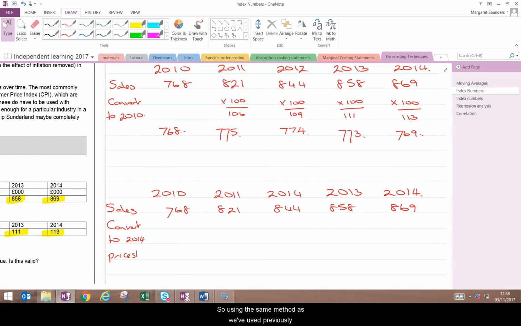So using the same method as we've used previously, we multiply by the index of the year that we're converting to, and we divide by the index of the year that we're actually looking at. So if we want to convert 2010 figures to 2014, multiply by the index for 2014, divide by the index for 2010.